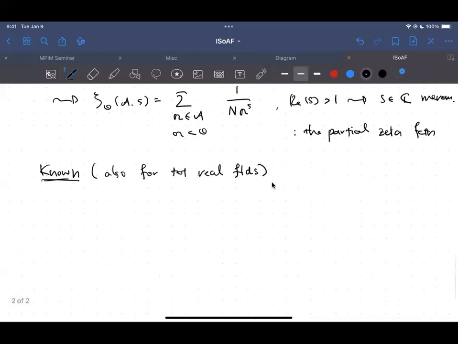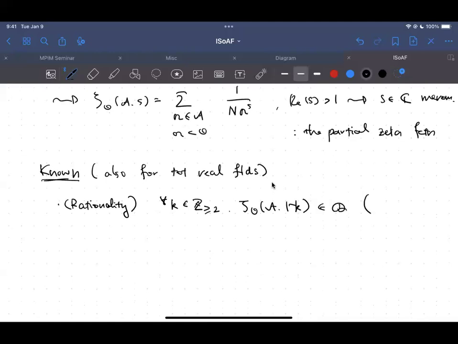The first property is the so-called rationality, which says that for every integer k greater than or equal to 2, the value of this partial zeta function at -1 minus k is a rational number, which is often known as Klingen-Siegel's theorem.